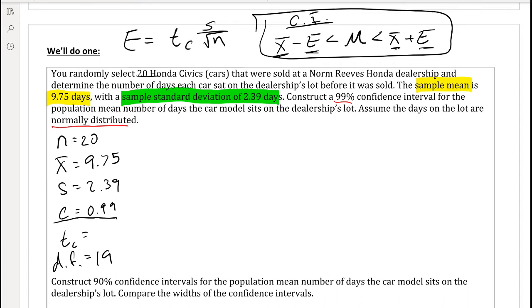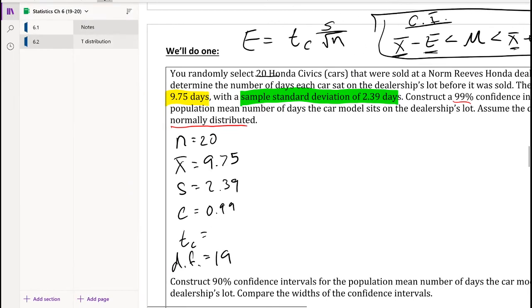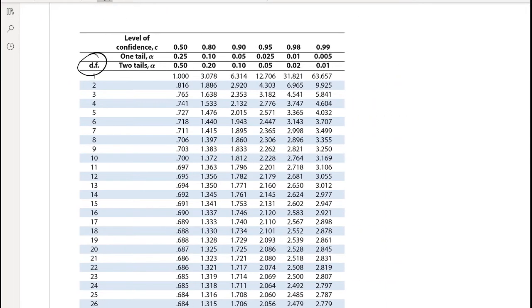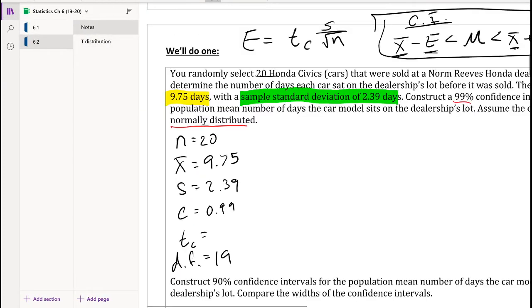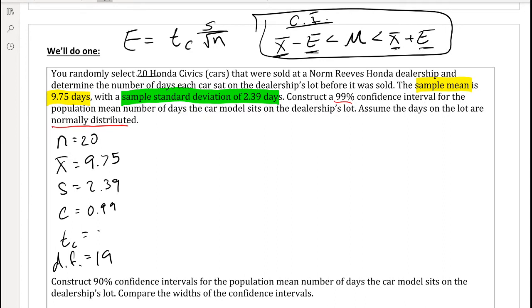Let's look that up on the table. 99% is this confidence level right here, and our degrees of freedom was 19. So my T critical is 2.861. Let's write that down.